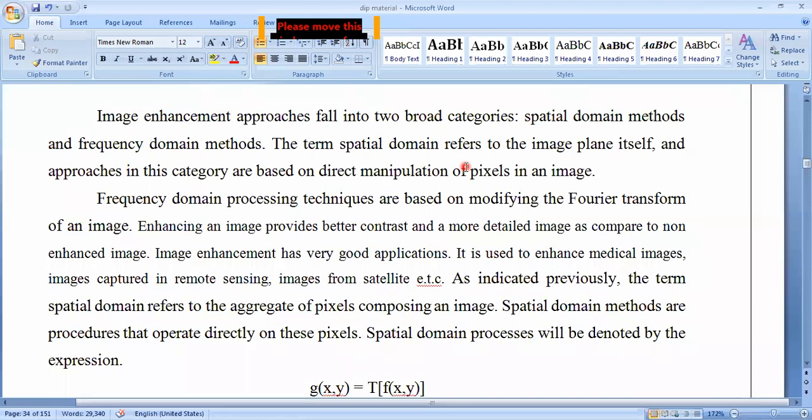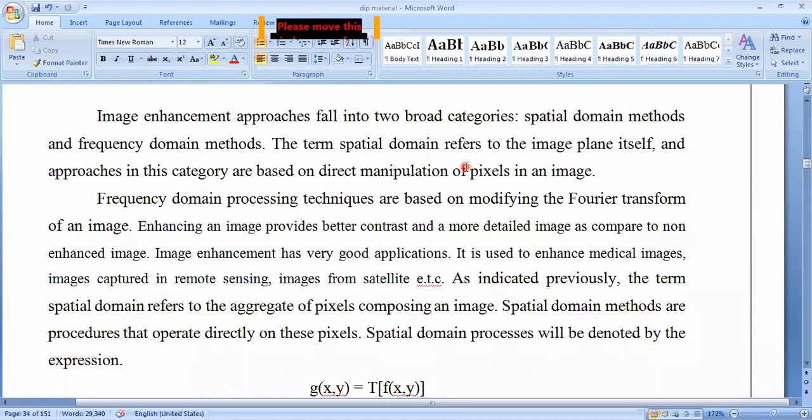Usually it is 256 by 256. Again, each pixel is represented with 1 byte of information, so it requires 8 bits. Whenever it requires 8 bits, what is the maximum gray level value here? 2 power 8, so we get 256. We count the gray level from 0, so 0 to 255, that is L minus 1.